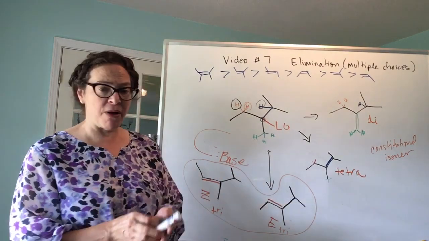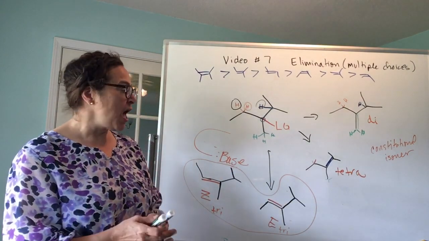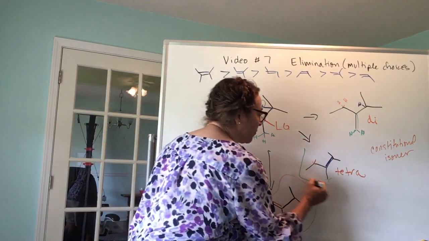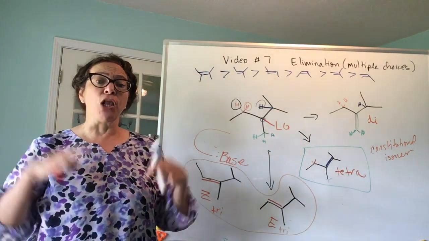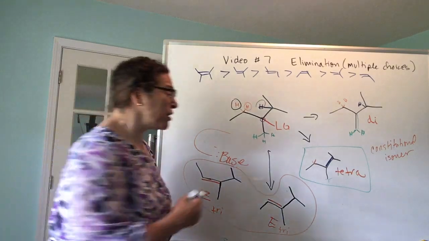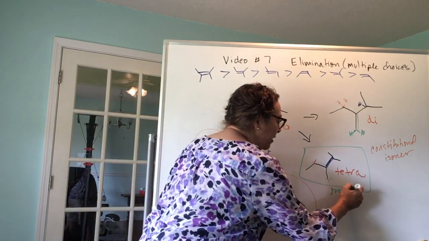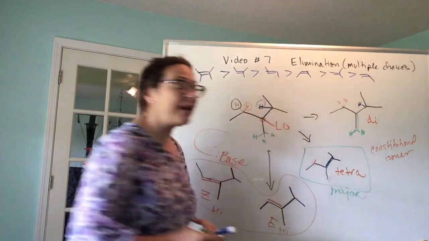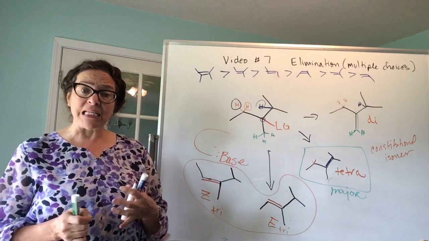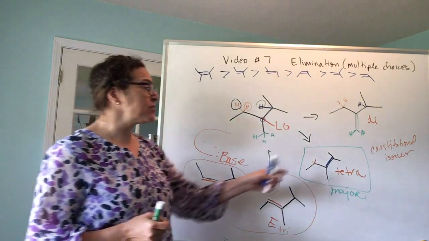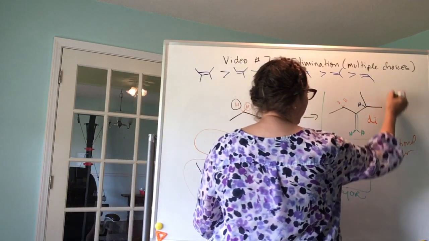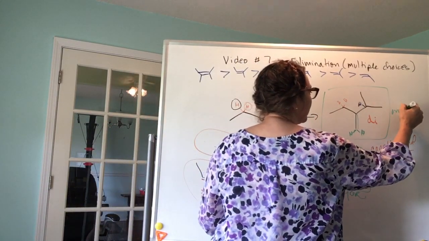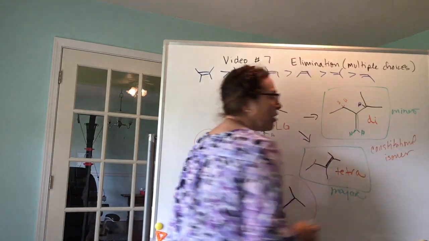When I look at all the possible compounds that I have, I'm going to find out that this compound right here is tetrasubstituted, so it's going to be lowest in energy, which is going to make it our major product. Then I look for the one that has the least substitution, and that's going to be the one that is di-substituted, and I'm going to be able to say that this is the least, or the minor product.